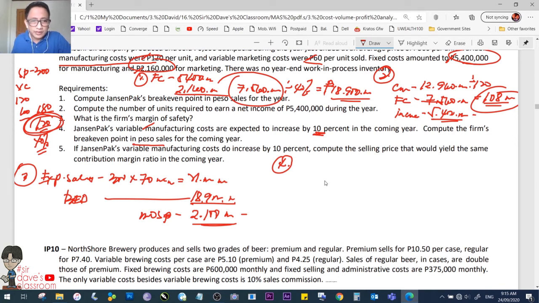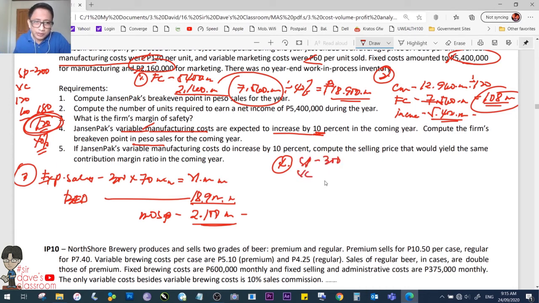Very simple. This is called sensitivity analysis. They might ask you this in the theory. The problem is trying to change variables in the problem in order to check what will be the effect on the net income. Sensitivity analysis. 10% increase in the variable manufacturing cost. So just the same, selling price 300 pesos.